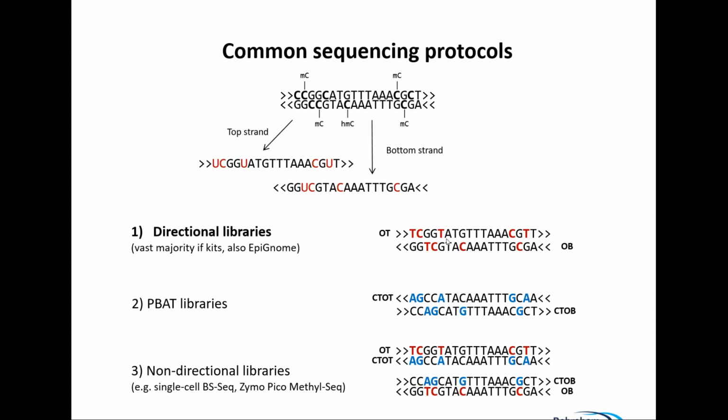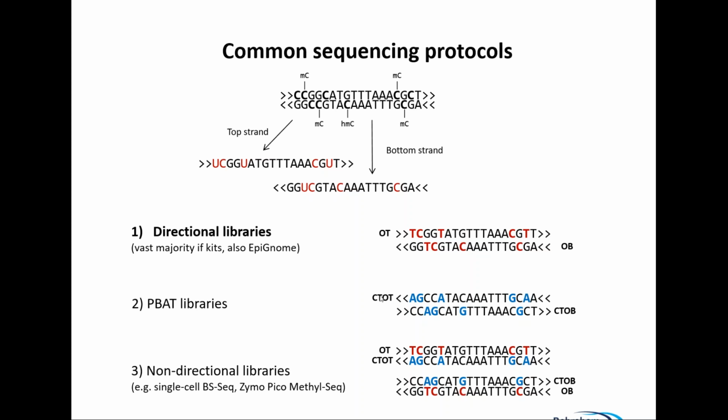That's really good, because in that case you only need to perform 2 alignments and not 4. There are, however, also different protocols. In this case, PBAT is a technique that has been developed around 5 years ago, and I'm going to talk about this a little bit later, because it's really good for low cell and input material.